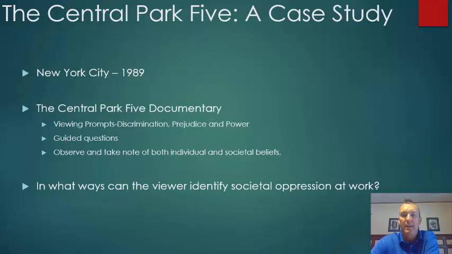In what ways can the viewer identify societal oppression at work within the documentary, based on what we've discussed so far in this module and the readings, and ultimately how society itself went down a particular road towards the prosecution and conviction of these young men based on a set of individual and societal views of, in this circumstance, the young black male, and we can add in there young black lower socioeconomic male, as actors in this particular event.